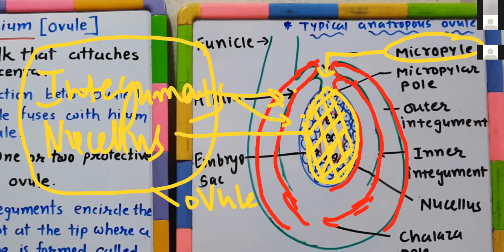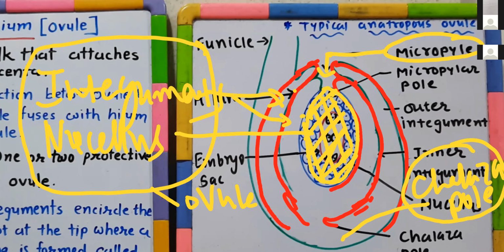And the pole opposite to it is called the chalaza pole of the ovule. This represents the basal region of the ovule, from where integuments start encircling the nucellus and cover it up except one tip of it, which is called the micropylar aperture.